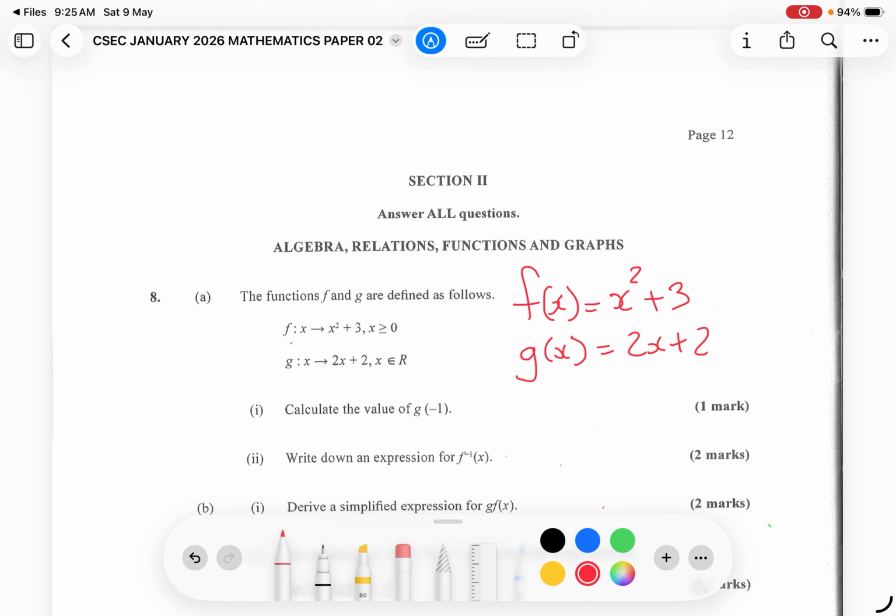X can be any one of those in the g function, right? And I'm hoping that you would have known that f is quadratic while g is linear. What makes f quadratic is the square on the x. What makes g linear is that the input is raised to a power of 1.